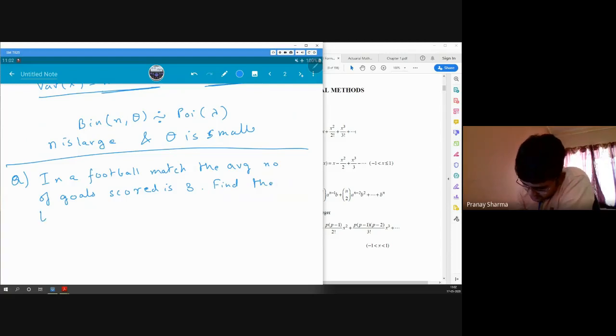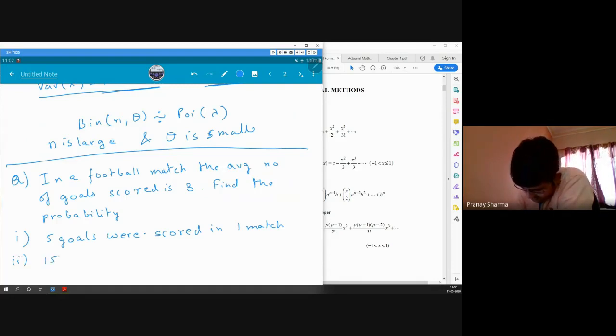Find the probability: first, 5 goals were scored in one match.